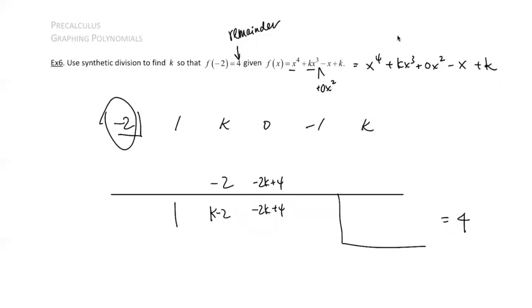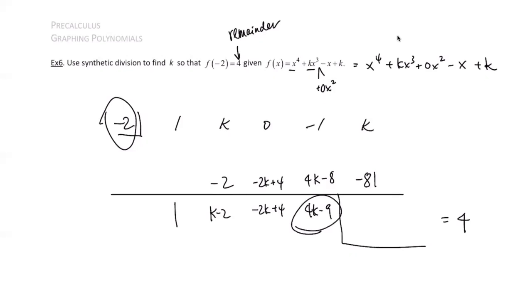So one thing I would say is just be careful. All right, so go ahead and you multiply by -2 again. So you have 4k minus 8, and then you add them together. So 4k minus 9, and then times -2.